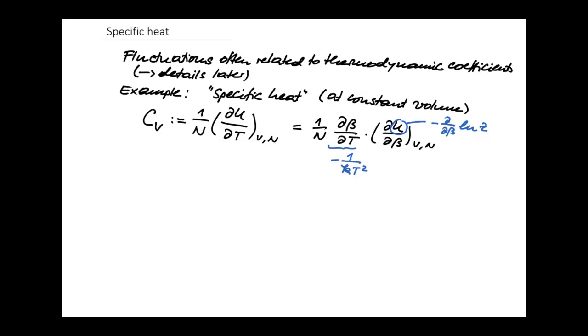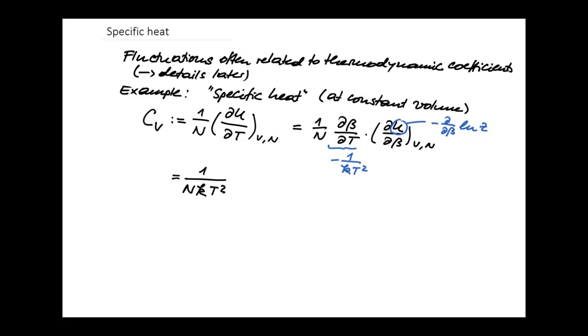We use this formula over and over again. We have a canonical state, then U is given by minus d over d beta of the log of the partition function. So using these two relations, we have two minus signs that cancel. We have a 1 over N kT squared.